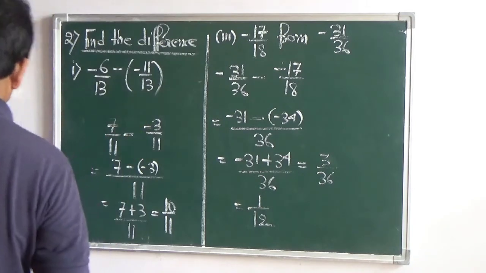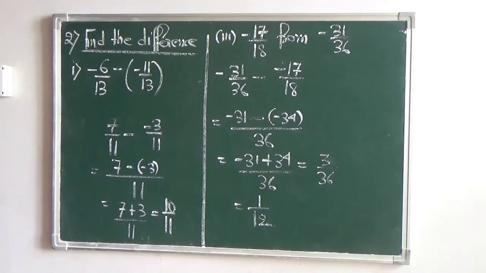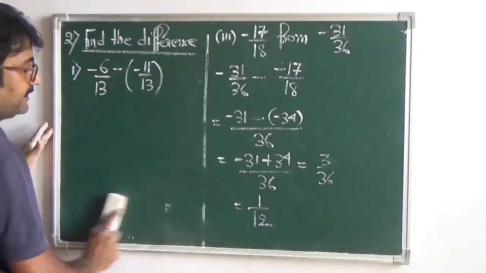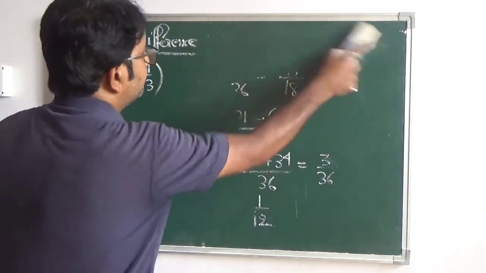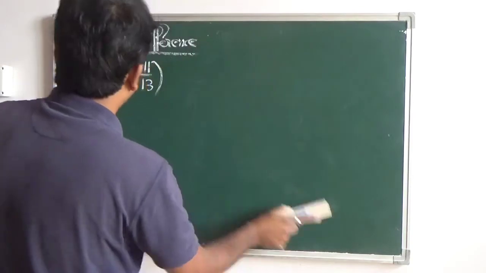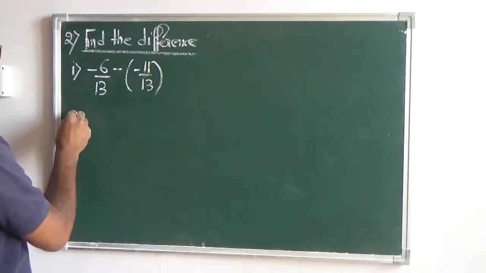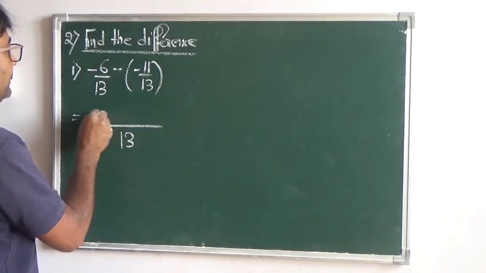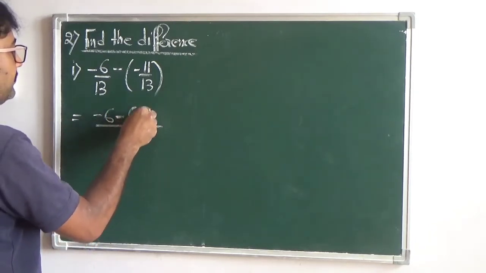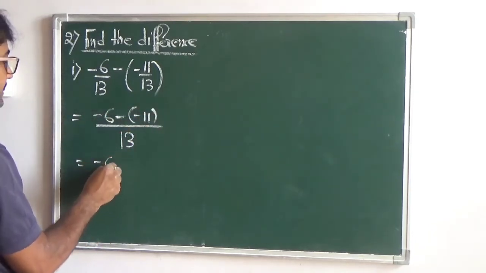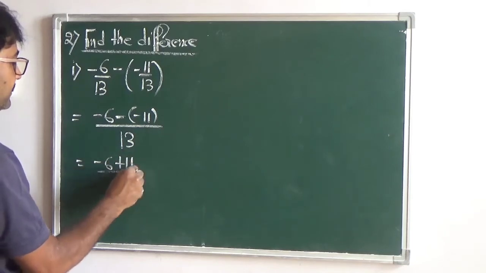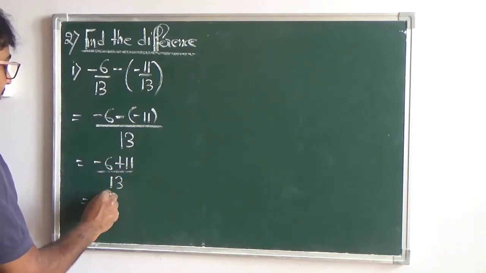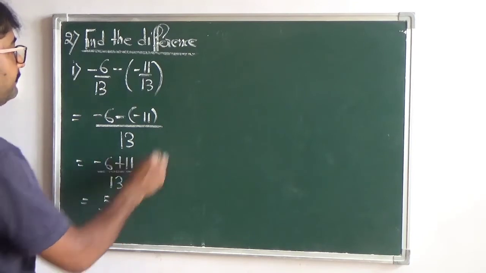It is directly given the sign of subtraction, so you don't have to change the positions here in this case. You simply go ahead with the calculation. So we take the LCM, that comes to 13. It is minus 6 minus of minus 11, so it is minus 6 plus 11 by 13, so it is 5 by 13.